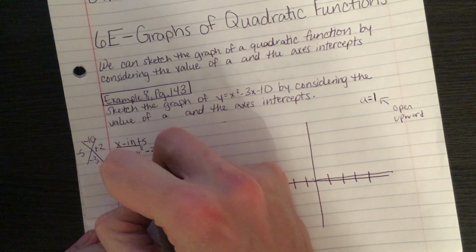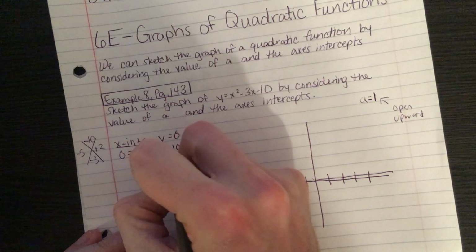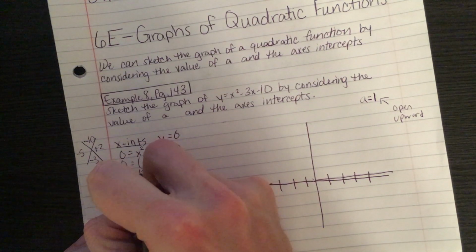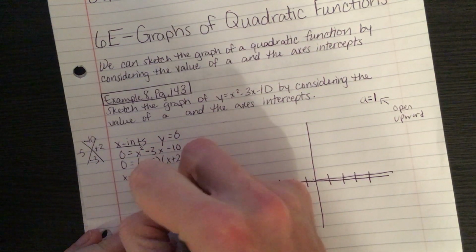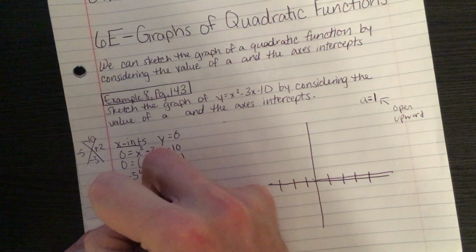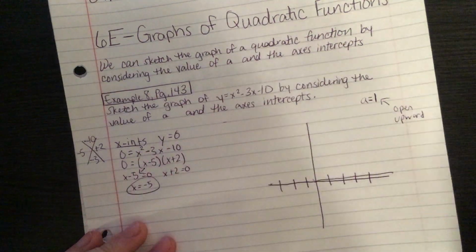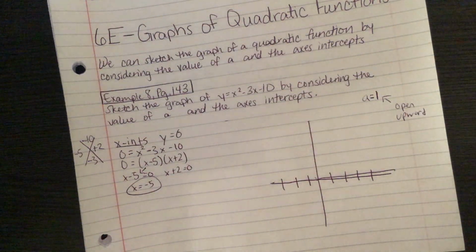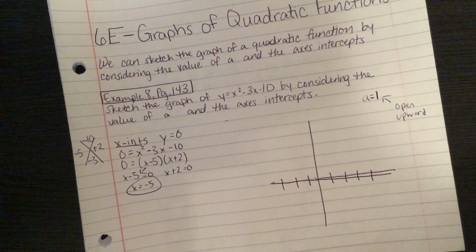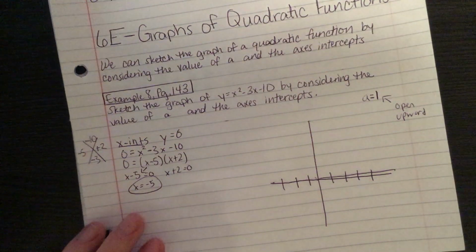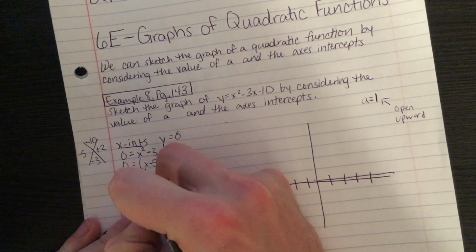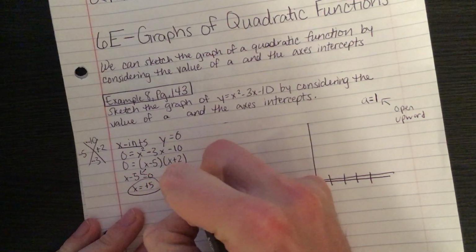So that's going to factor to x minus 5 times x plus 2, which means I can set each of these factors equal to 0 and get my x-intercepts. Oh, that's going to be positive 5, sorry, and x equals negative 2.